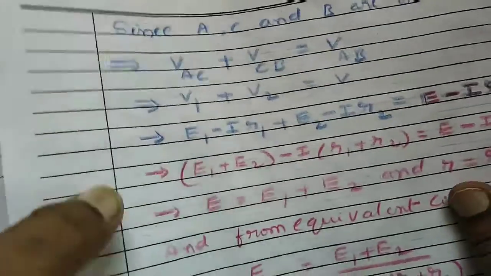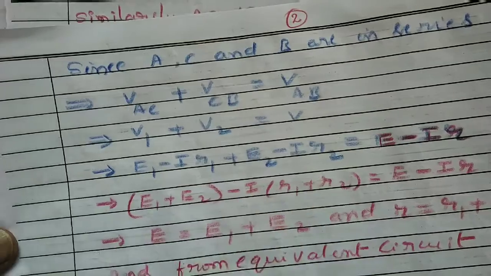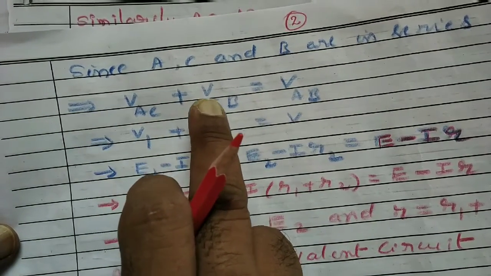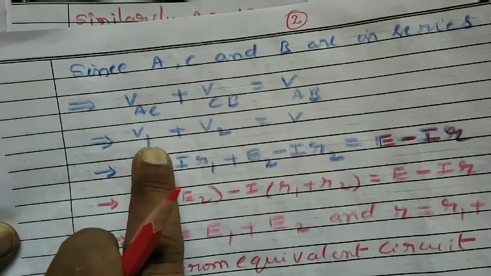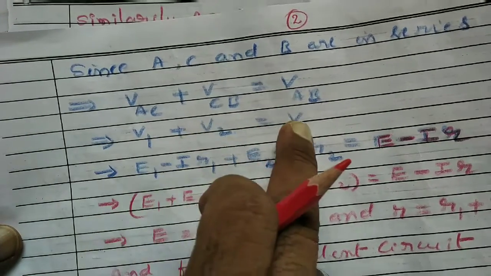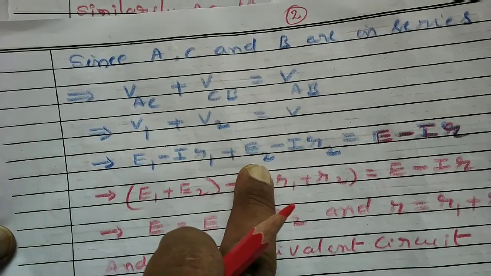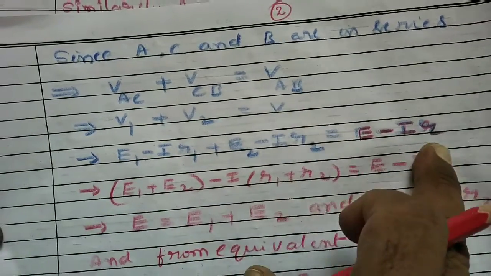But here, since A, C and B are in series, potential difference between A and C plus potential difference between C and B must be equal to potential difference between A and B. That is why V1 plus V2 must be equal to V. In place of V1, E1 minus IR1; in place of V2, E2 minus IR2; that is equal to, in place of V, E minus IR.